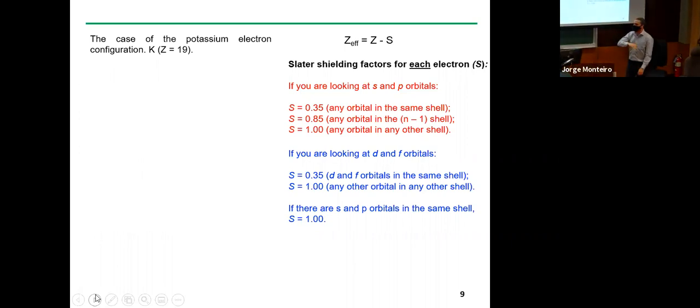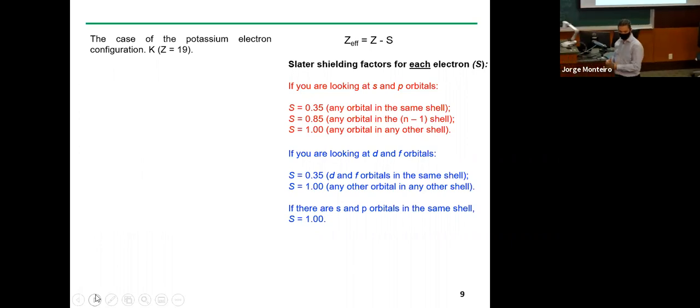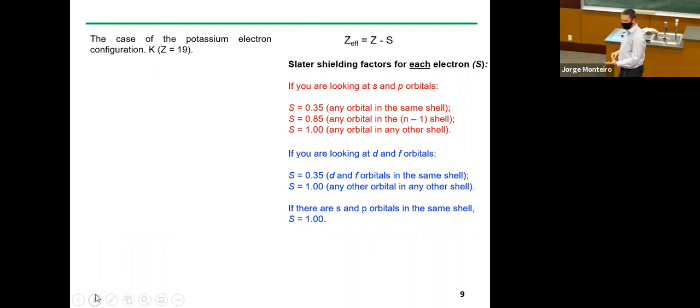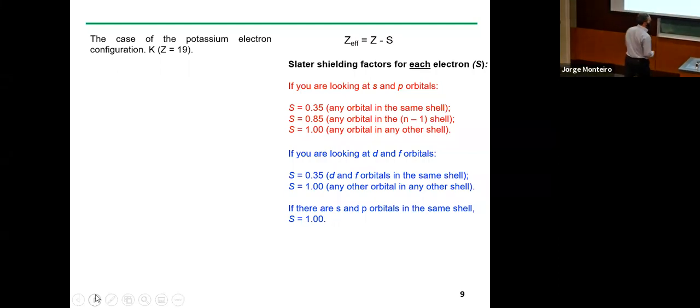Let's talk about the case of potassium, the potassium electron configuration. And I want to show you how we can use Z effective to figure out where the electron should go in any configuration.